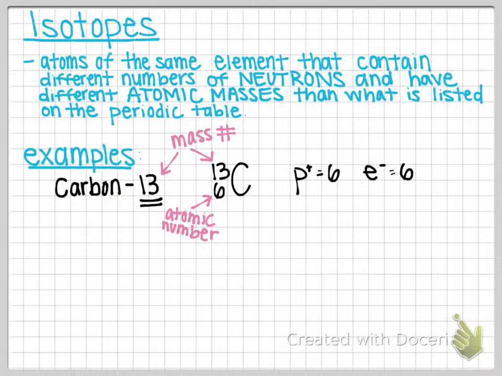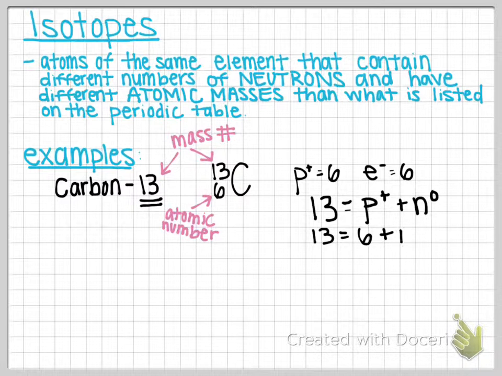Your mass number, 13, equals your protons plus your neutrons. In this case, our mass number 13 equals 6, our number of protons, plus our neutrons. So you do subtraction to figure out your number of neutrons, which is 7.